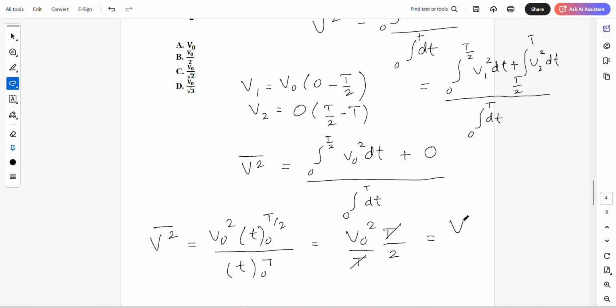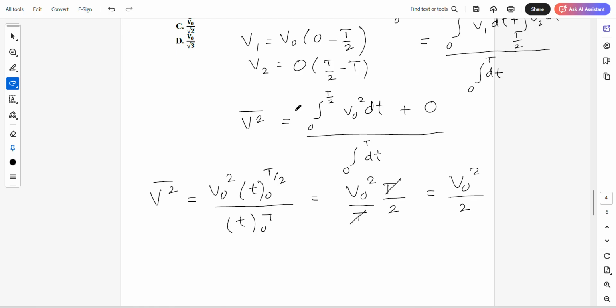You are going to get v naught square by 2. The average of v square is v naught square by 2.